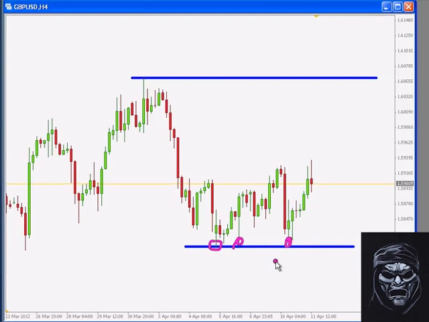Every time a specific level gets respected by the market, more and more traders will be drawing this line in their respective charting platforms, and therefore we can expect a greater reaction next time price comes back down. What does it mean? It means that if we get a bounce off this level, it's going to be a sound one, a rather solid bounce.